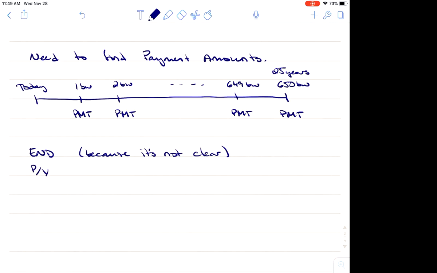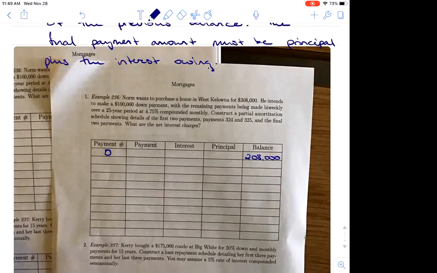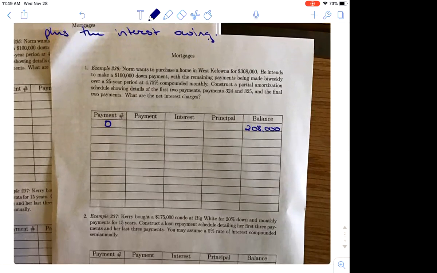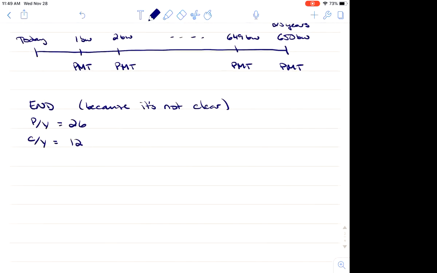How many payments per year do we have? We have 26, right? And what's the compoundings per year? Compounded monthly, 4.75% compounded monthly. 12. So these are not the same, so we have to find I2. Right? So first we find I1, so R1 is 0.0475, right?